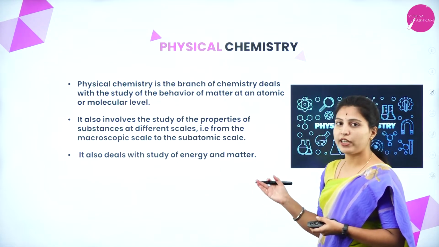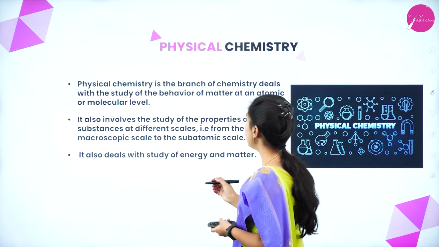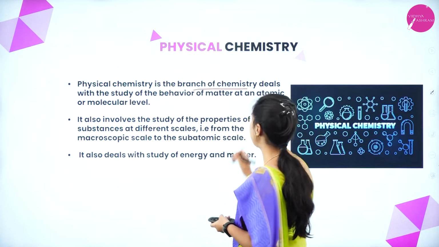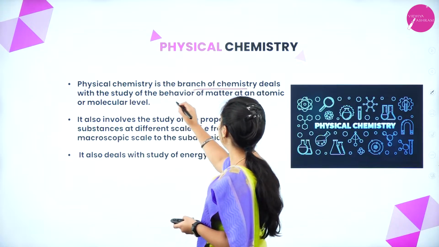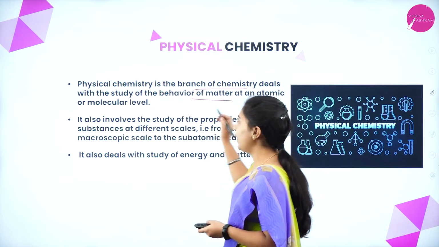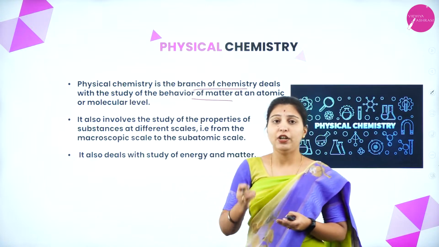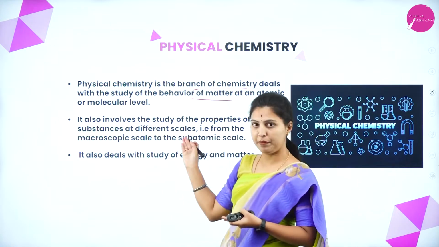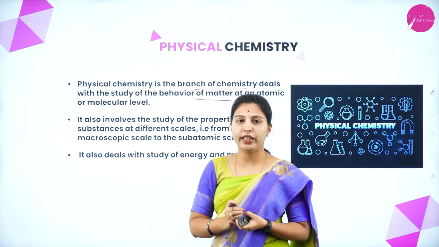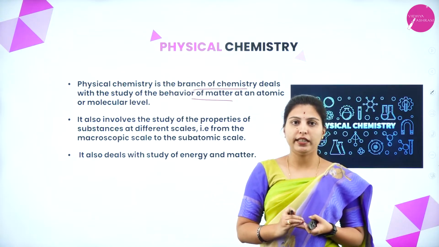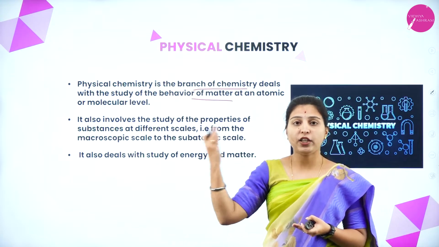Next, we'll see what is physical chemistry. Physical chemistry is also a branch of chemistry that deals with the study of behavior of matter at an atomic level or molecular level. It is a sub-branch of chemistry. It deals with the subatomic level, like protons and neutrons, up to the macroscopic level.